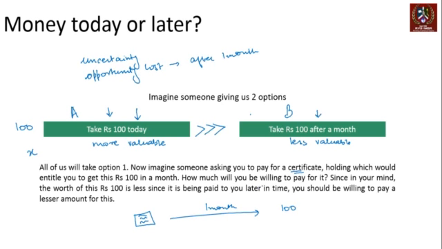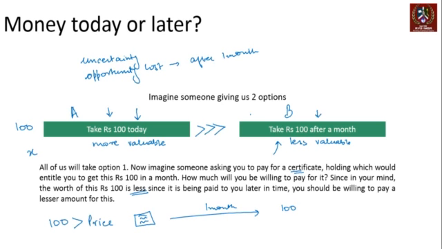If A is more valuable than B, then the certificate that gives us B has to be less than 100. So the value that you will pay for this certificate is going to be less than 100. The price of the certificate will be less than 100, or 100 will be greater than the price.